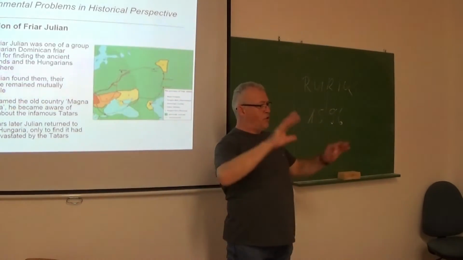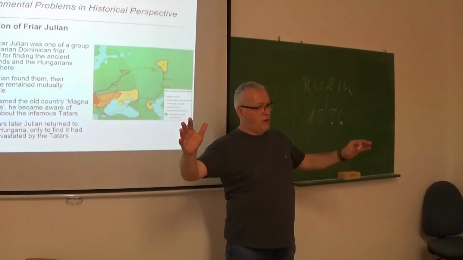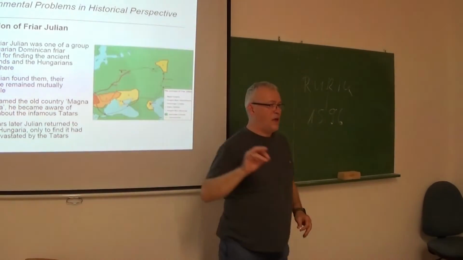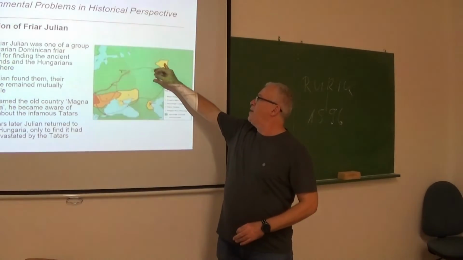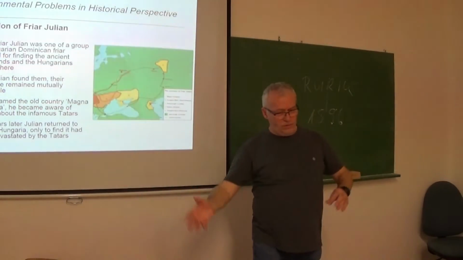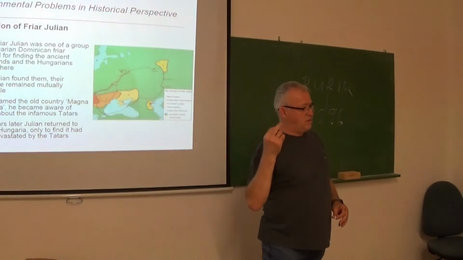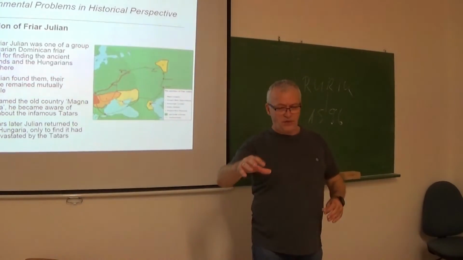You know, the Volga is the largest river in all of Europe. Well, the Danube is the second one. There he found Hungarians who had stayed in the Volga area and received information about the Mongolian invasion against Central Europe.